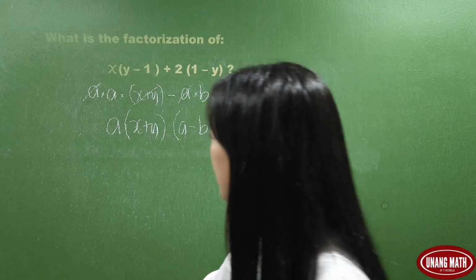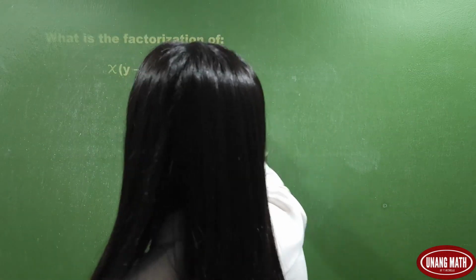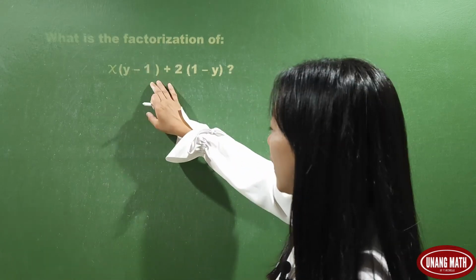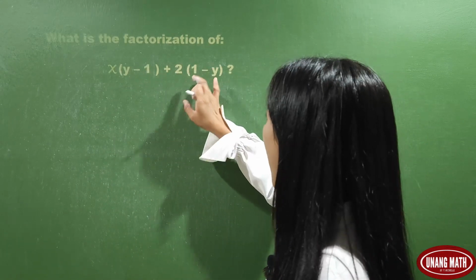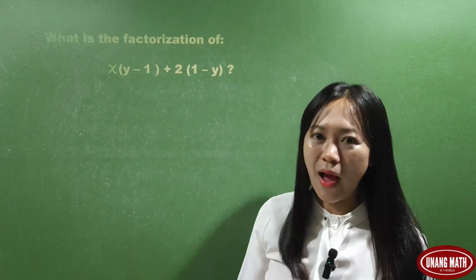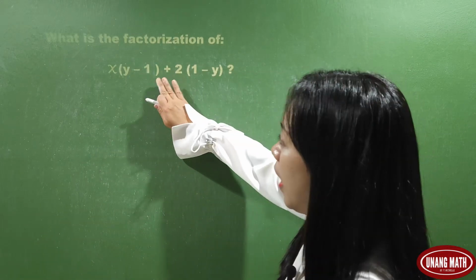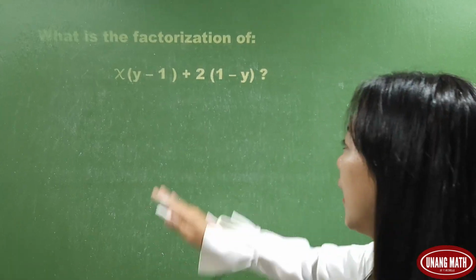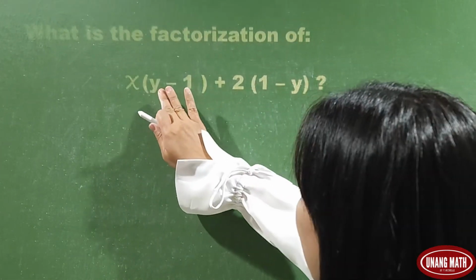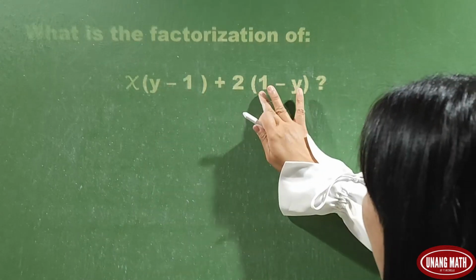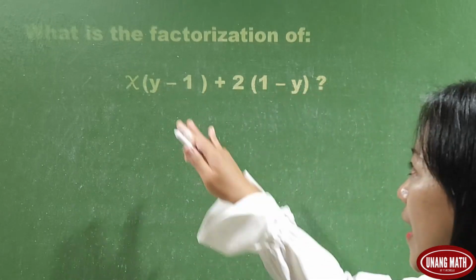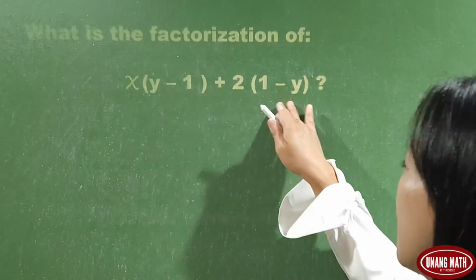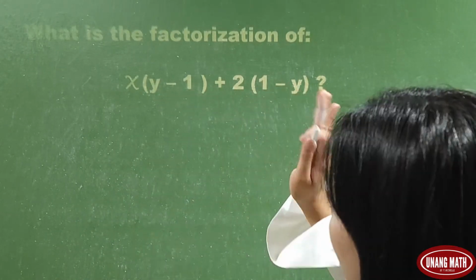Okay, what about this last simple question? What is the factorization of x times (y minus 1) plus 2 times (1 minus y)? First, check for the common factor. Here, y minus 1 and 1 minus y are not the same or equal, so these are not common factors.